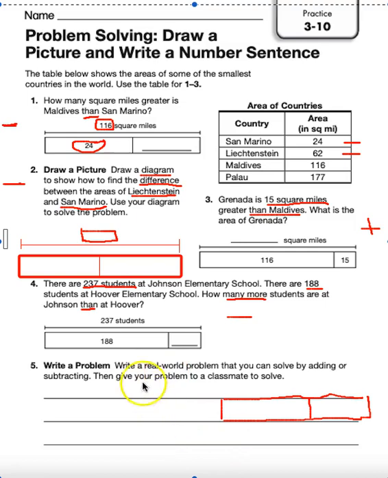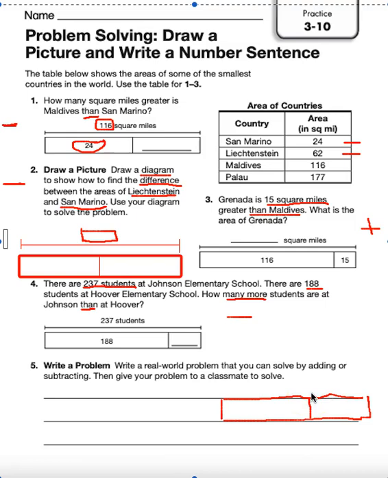The last problem that we have is they're wanting you to write a real world problem that you can solve by adding or subtracting. Then give your problem to a classmate to solve. I would, before I get started just trying to make up a problem, start with a diagram and figure out, what are you going to do?